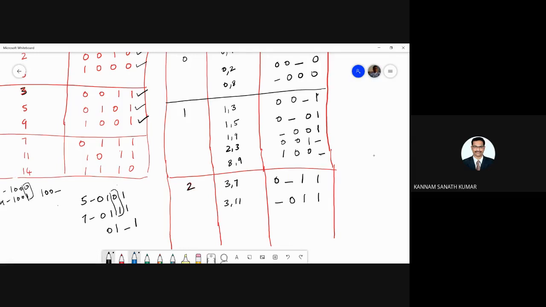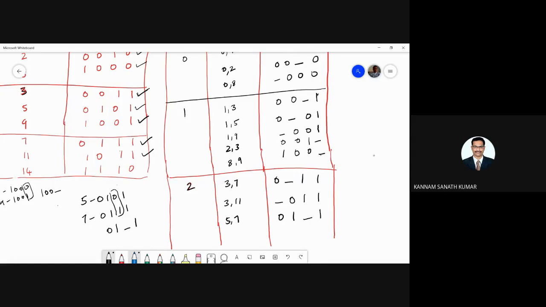We checked 3 comma 7 and 3 comma 11. Anyway, 3 is there, no need to check again. 3 comma 11 is also over. So 5 comma 7 is 0 1 dash 1.